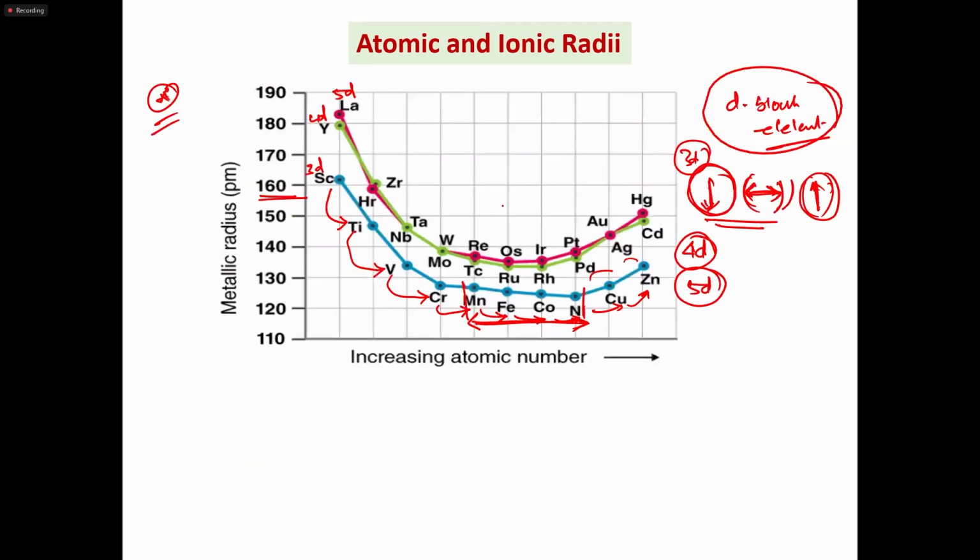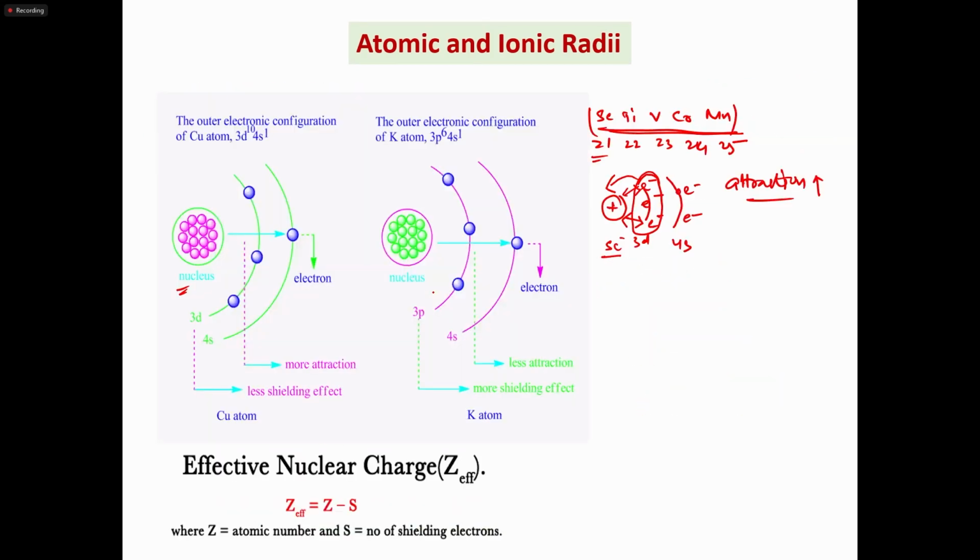Even when we go from vanadium to chromium, it is 3d5. Five electrons are present in the d orbitals, so more attraction will happen here.